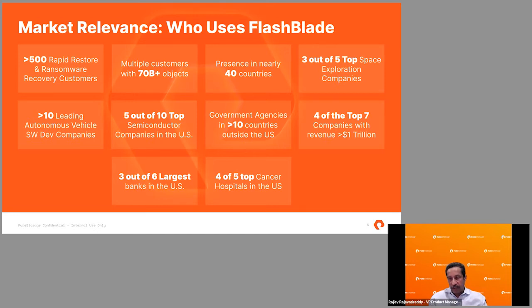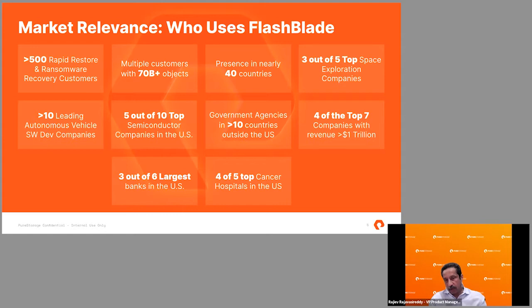But you'll also see that we are deployed in really large enterprises, as represented by 4 of the top 7 trillion-dollar-plus companies, 3 of the largest US banks, and 5 of the top semiconductor companies. And I personally am really stoked about what we call the leading edge applications, like autonomous vehicles, cancer research, and space exploration.